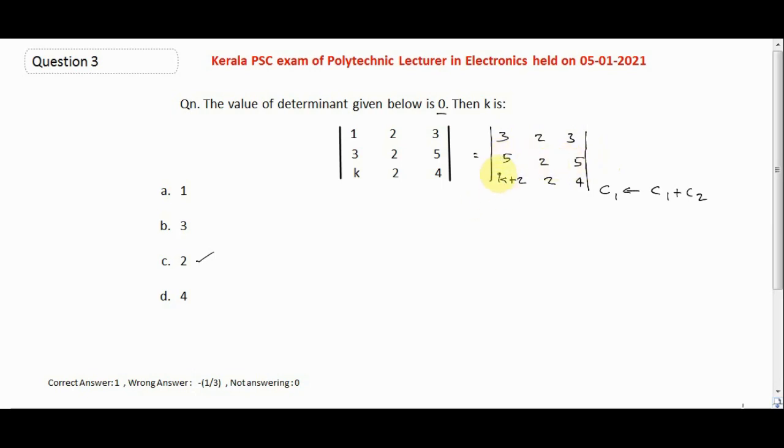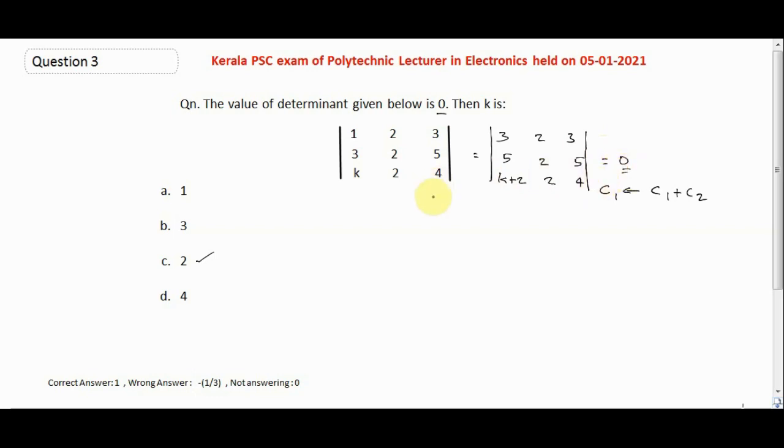So if this K is 2, then definitely this element would have been 4. So here in the options we have option as answer 2. Okay, so therefore the right answer will be 2. That is, if this K is 2, definitely this determinant value is going to become 0.